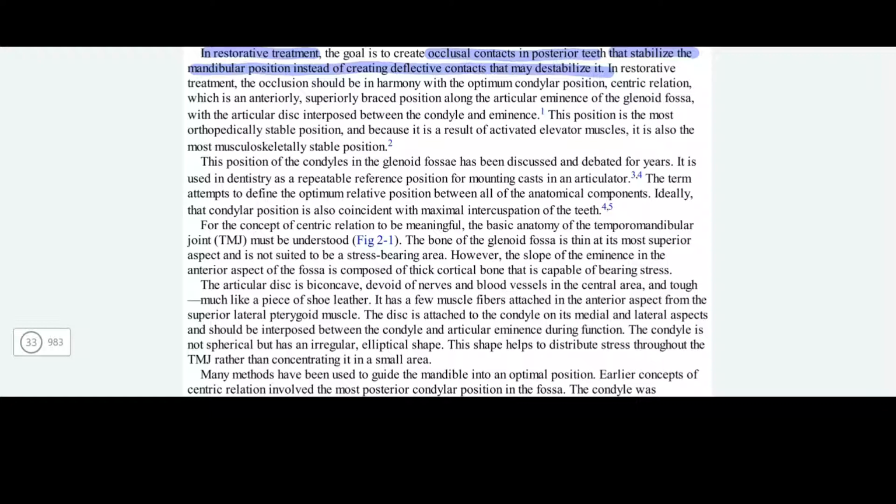Natural teeth make the contacts more hygienic and more stable, because the structure of natural teeth is designed to bear stresses and forces compared to restorations.